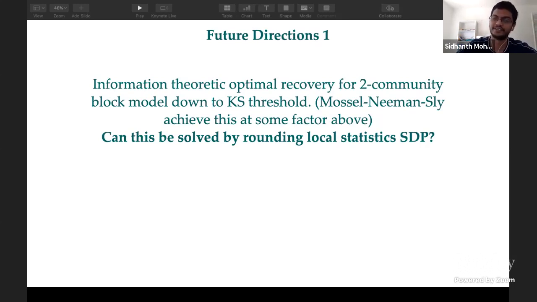They do it at some factor, maybe 10, above the KS threshold. So one question is whether rounding the local statistics SDP could solve this problem right down to the KS threshold. This probably needs new ideas and could be very interesting.